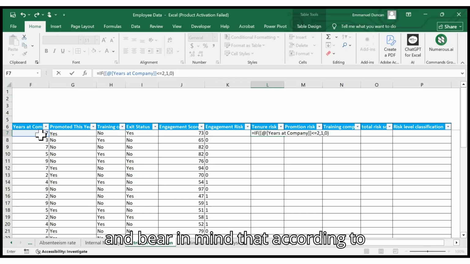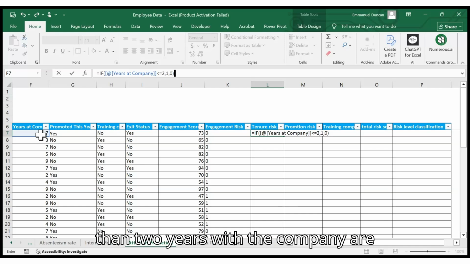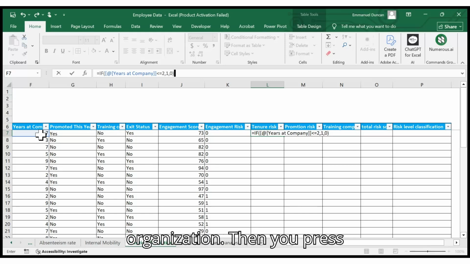And bear in mind that according to industry benchmark, employees who are likely to leave the organization mostly spend less than 2 years with the institution. So we benchmark our risk level to 2, that employees that spend less than 2 years with the company are likely to leave the organization.